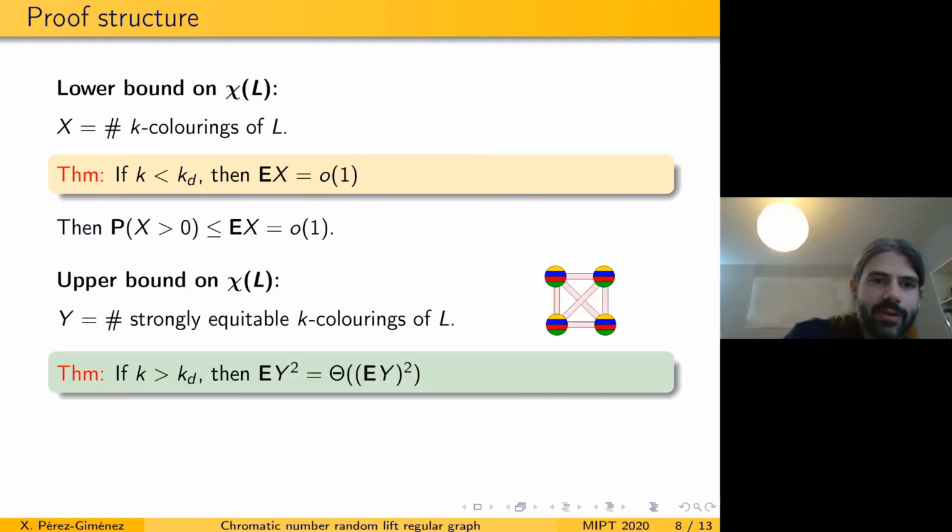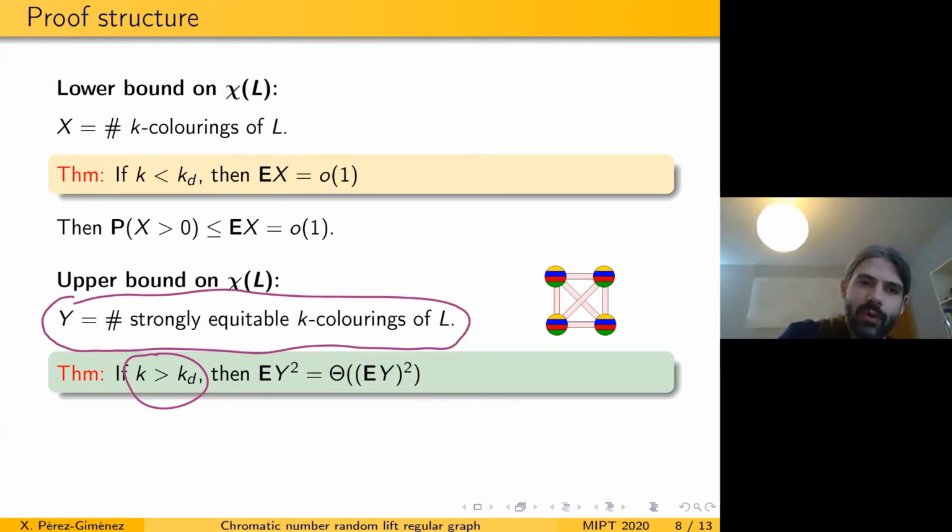So for the upper bound on the chromatic number, we want to show that for a different k, k colors are enough. So you pick a k that's larger than k_d. And now, instead of looking at the number of k-colorings, we hurt ourselves a little bit by restricting our attention to what we call strongly equitable colorings. So we want to color our random lifts by keeping each of the fibers equitable, meaning that each color appears the same number of times in each fiber.